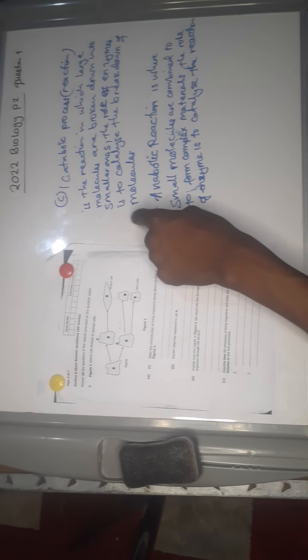In both processes, the enzymes act as a catalyst. They just speed up the chemical reaction. So the role of an enzyme in these two is to speed up the chemical reaction. Here it speeds up the breaking down. Here it speeds up the building of large complex materials. So this is how you answer this question.